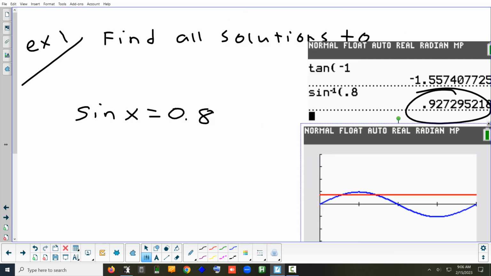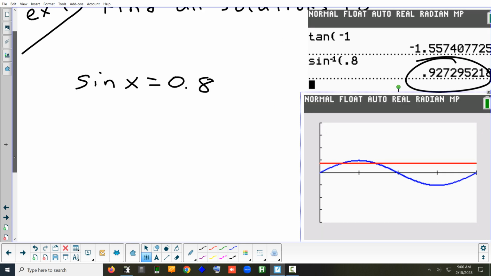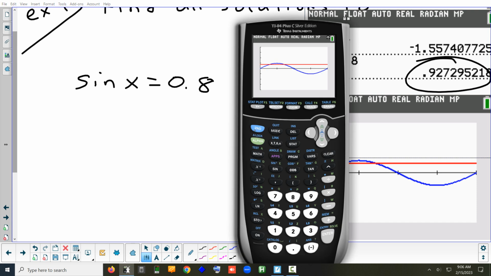And how many answers does it look like I'm going to get per cycle? Yep, 2. Right? Let's find the first one. Well, we already know what it should be, but let's check. Second, calc, intersect, and I get 0.927.